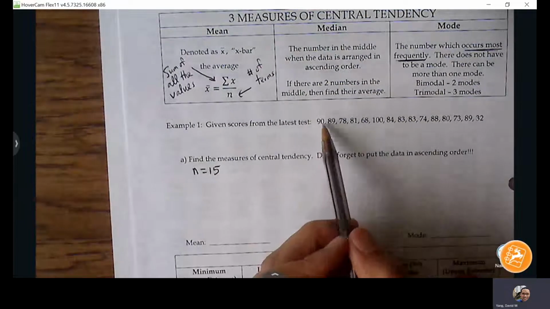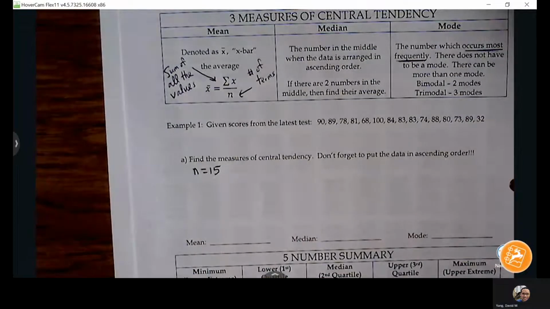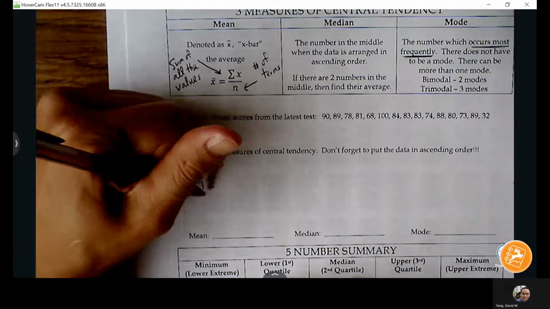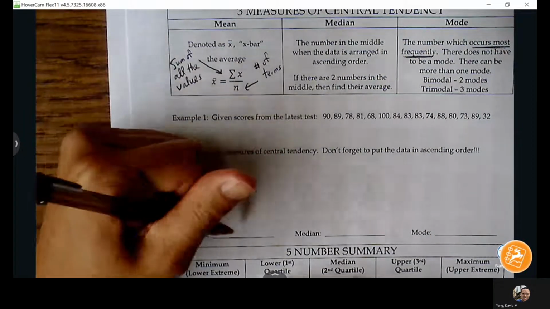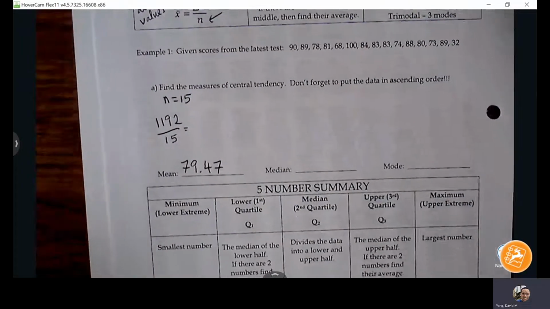The mean, I'm just going to add up all these numbers and then divide by what? 15, yeah. We'll round to 2 decimal places.